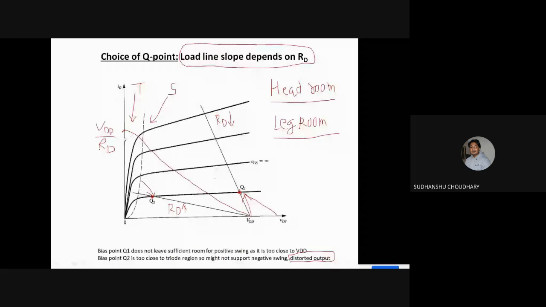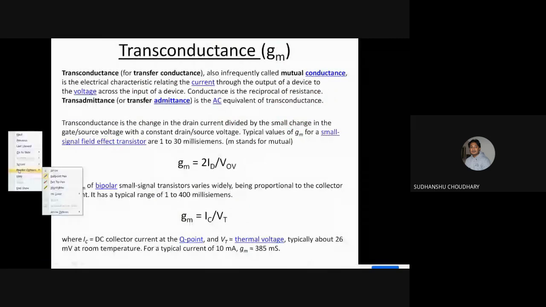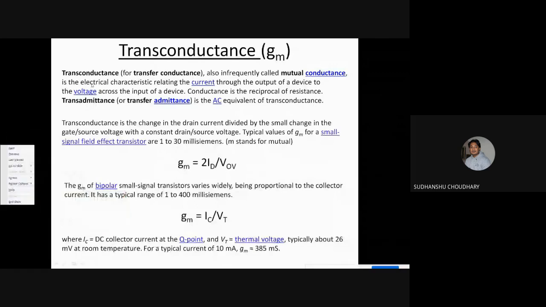Now let us talk about the transconductance, or mutual conductance, of a transistor. This is a very important performance parameter. How good the MOSFET is, is determined by looking at the GM of the MOSFET.